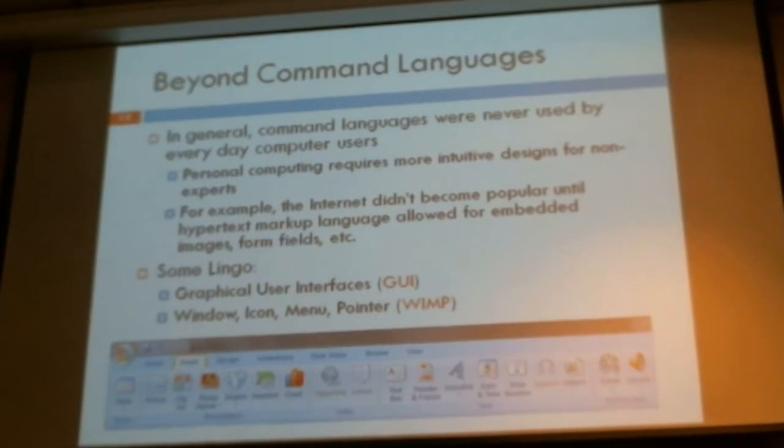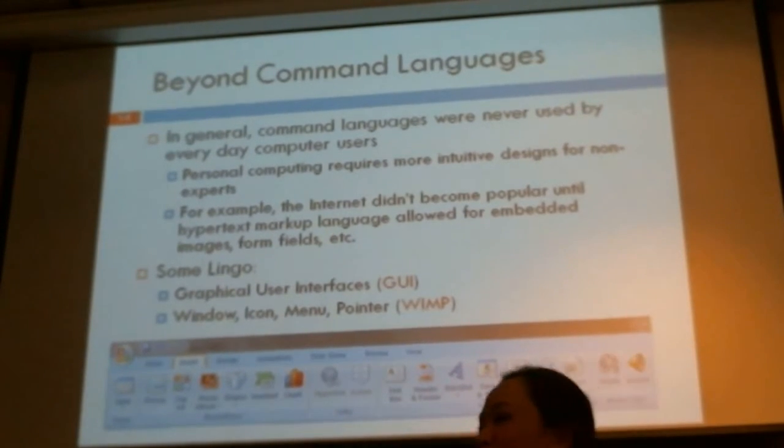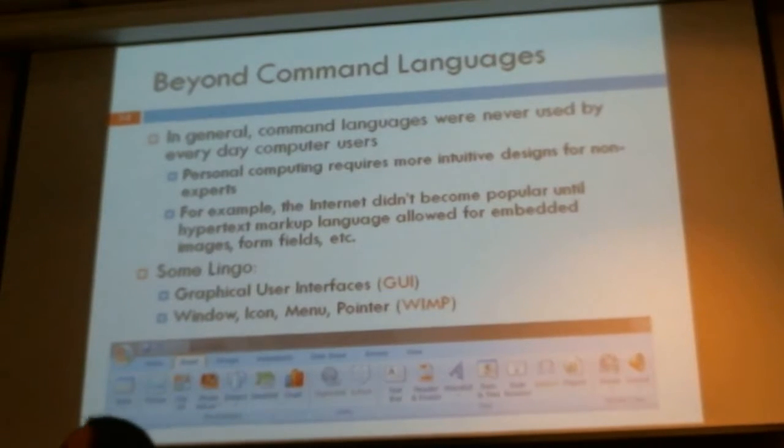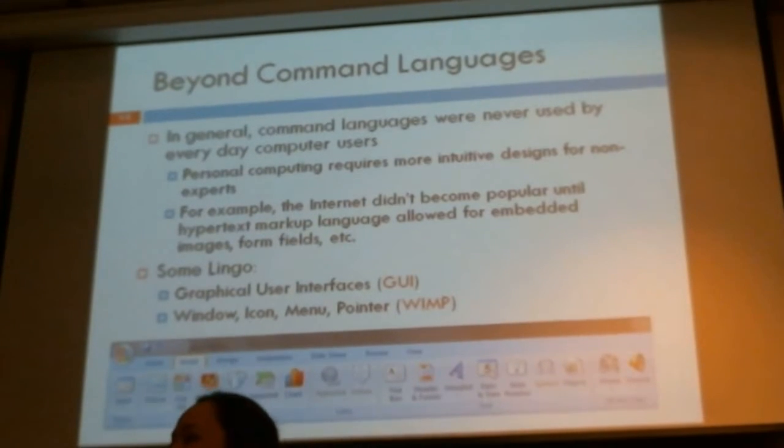No. So in some ways, human computer interaction and UX and interface design and usability widen the target audience of who computer users actually are. Okay? So, for instance, the same thing with the internet. When the internet was just a whole bunch of text before we had hypertext markup language and images, who used the internet?